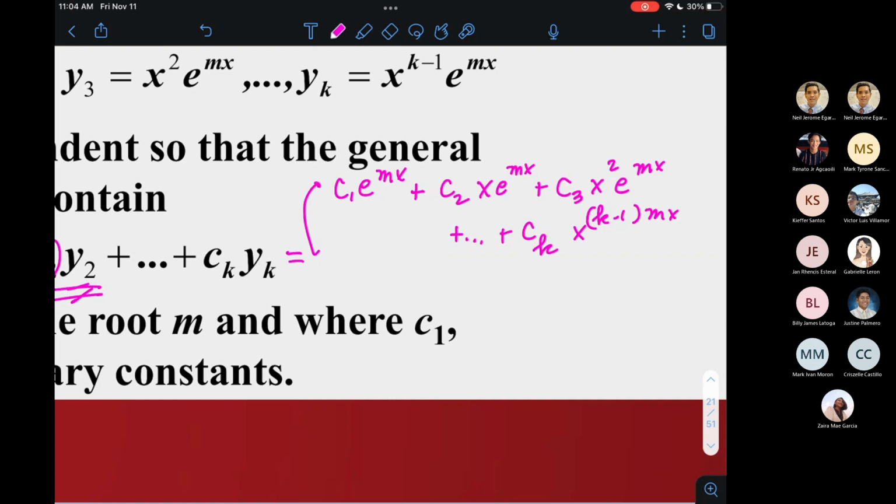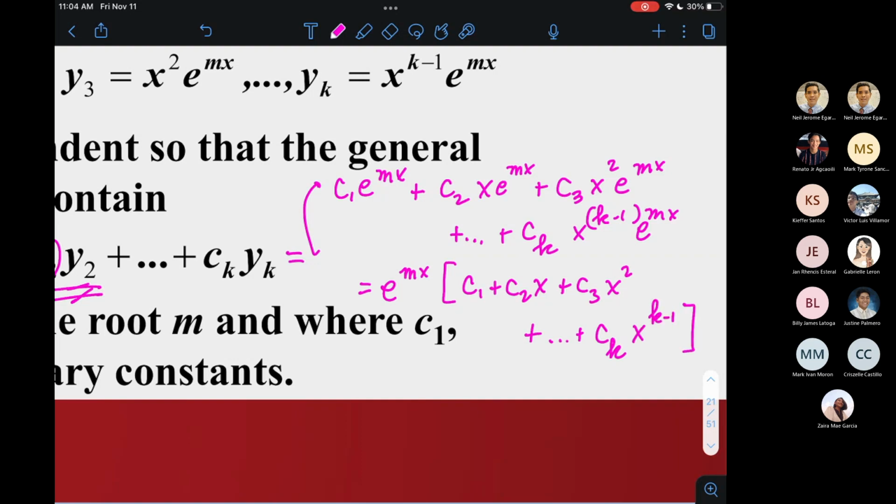Well, lahat sila ay may e to the mx. Sorry, nawala yung e to the mx doon. Lahat sila ay may e to the mx. So pwede mong i-factor out si e to the mx times a polynomial, c1 plus c2x plus c3x squared until c sub k x to the k minus 1.